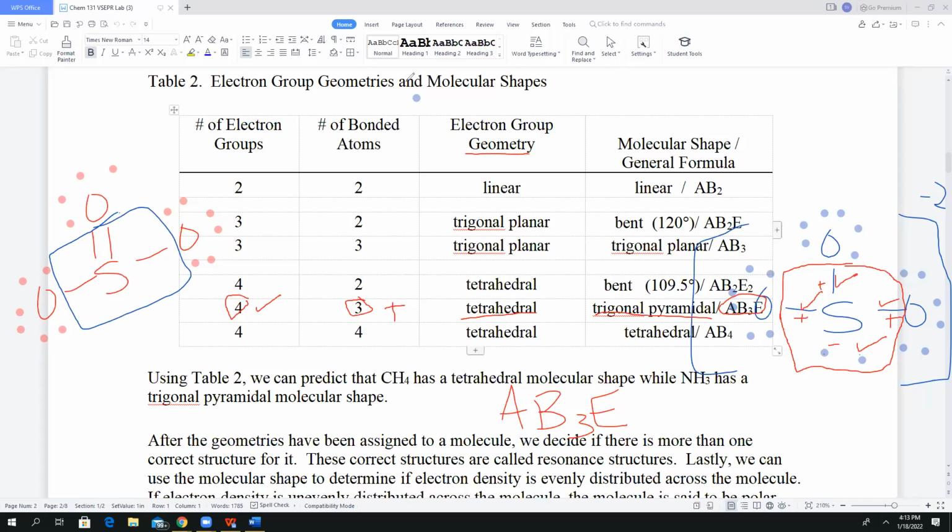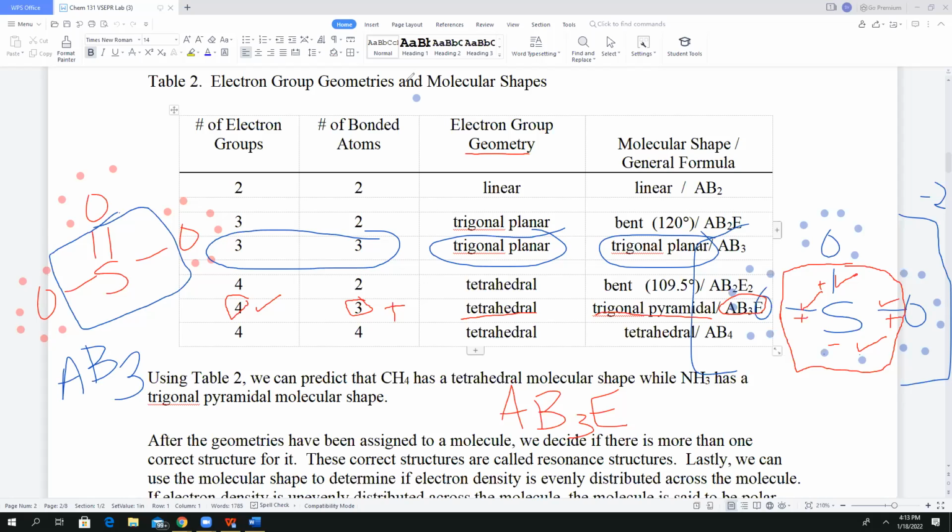Correct. So that means it matches this guy right here, right? Which means you have a trigonal planar electron geometry and molecular geometry also trigonal planar, which means it's an AB3. And AB3 just means central atom bonded to 3 things. Do you see that?